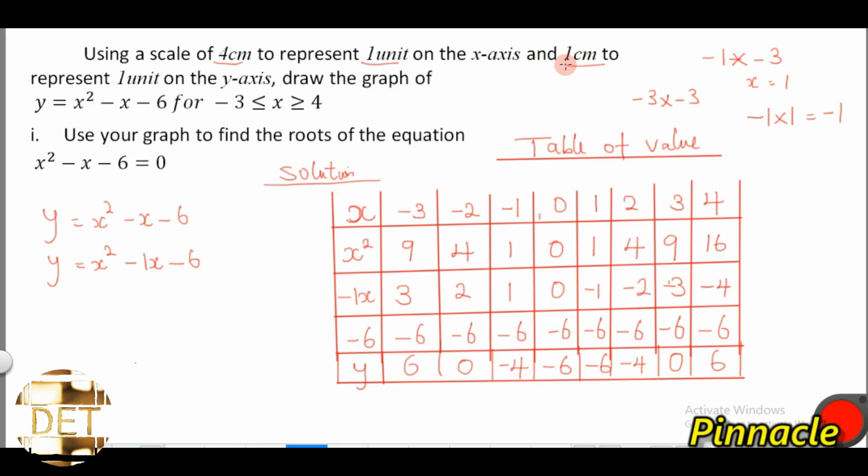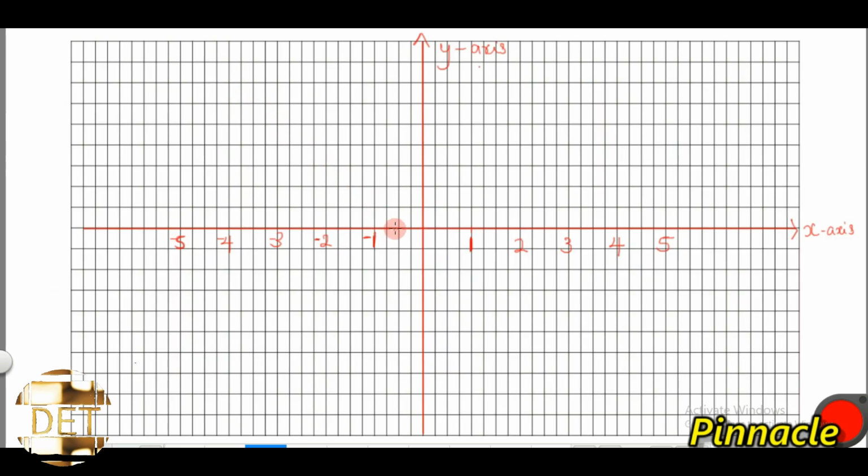And 1 centimeter represents 1 unit on the y-axis. So for every 1 centimeter, that's equal to 1 unit. From here to here is 1 unit, from here to here is 2 units. So this is 3, 4, 5, 6, 7, 8.